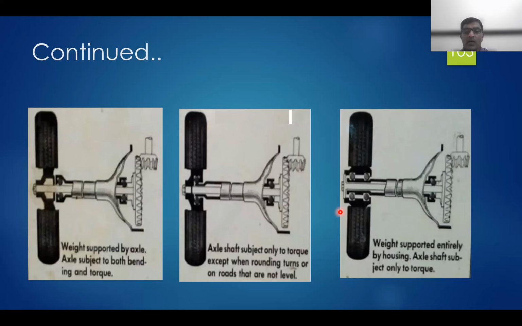And the last one, you can see that the weight is supported entirely by the housing. Whatever casing, the axle casing, supports the weight, that means there is no load on the axle. So the axle shaft is subjected only to torque. It has to transmit the torque, and that will enable the vehicle to propel in the forward or reverse direction.